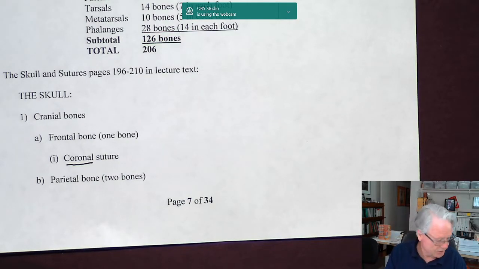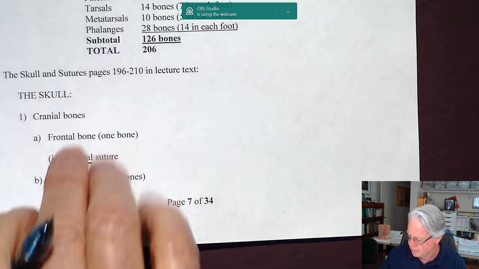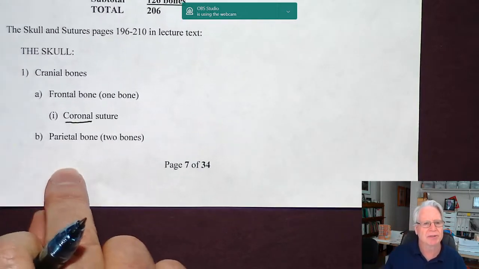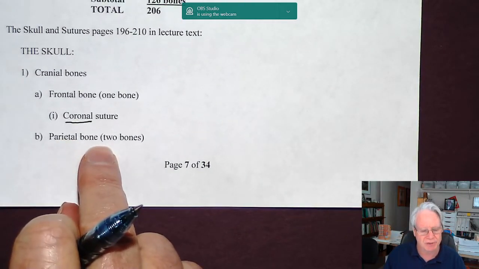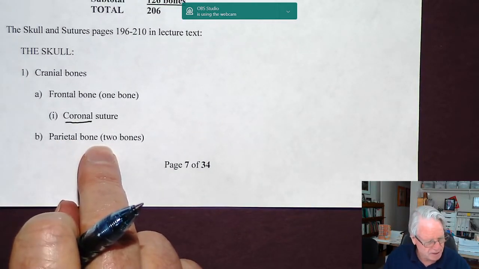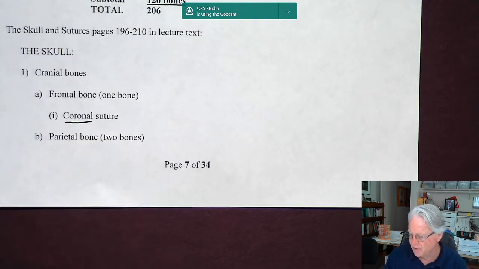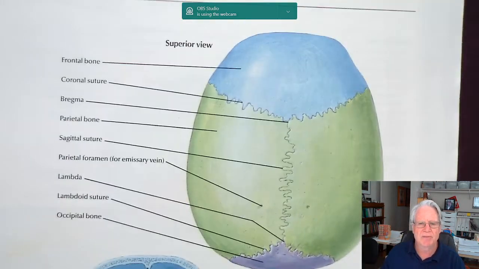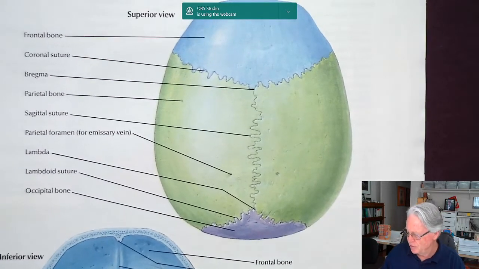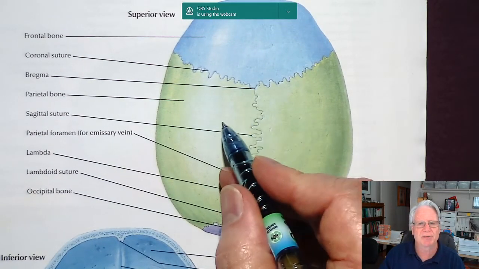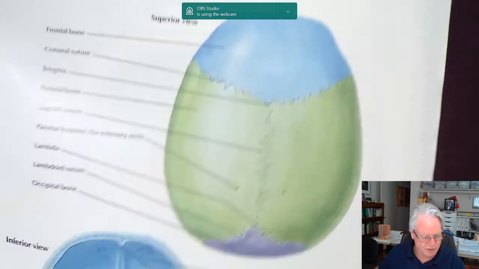Next on our list is the parietal bones. So we're going to do the parietal bones next, and that's very easily seen in two different views here. From the top, this is a superior view, I have the two parietal bones. Okay, that's one view.